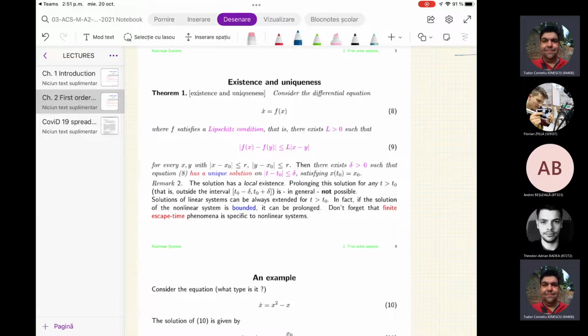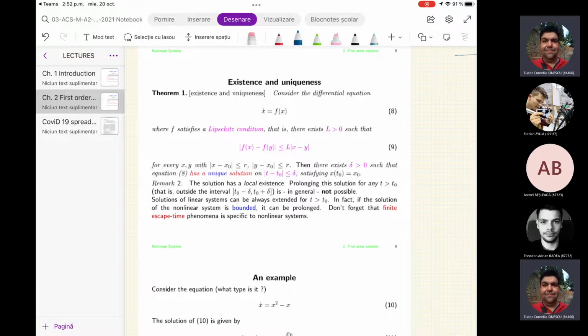There are results of global stability or global solutions, but these are very difficult and usually very hard to prove, and usually very conservative in the sense that they are specific to limited classes of systems. They are not valid for all nonlinear systems. Hence, it is much better and wiser to discuss local solutions of such systems.